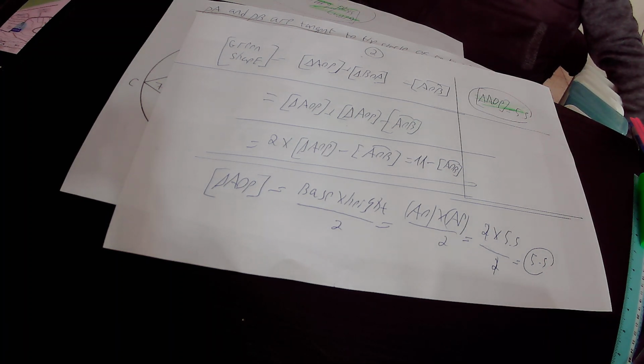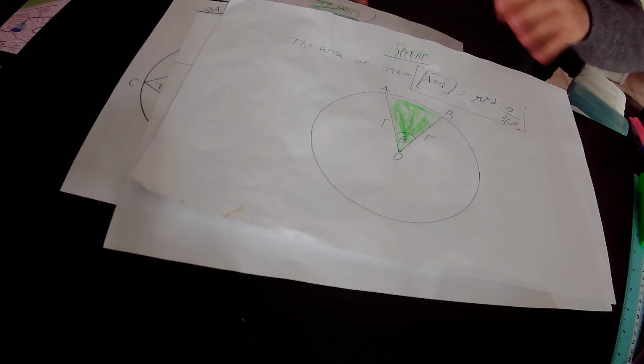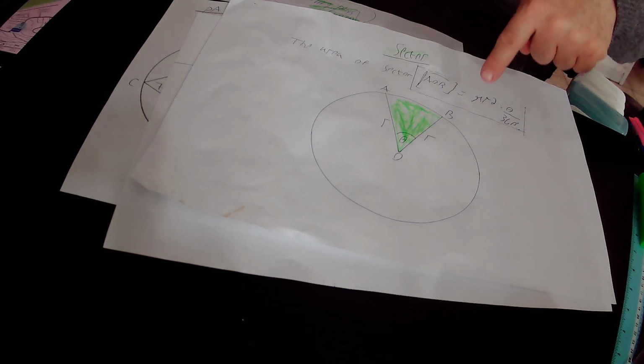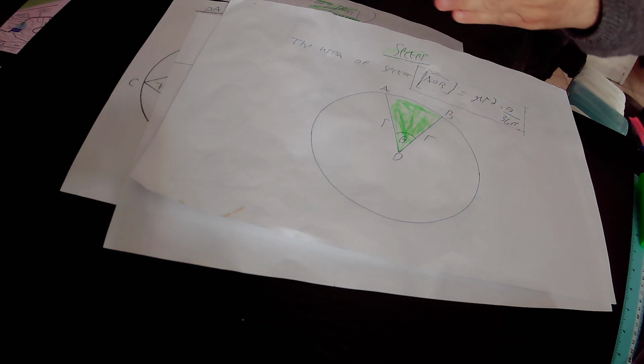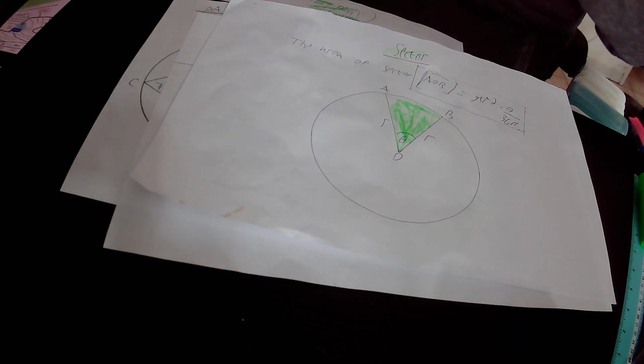Then I presented to you the concept of sector. What is a sector? A sector is a part, a portion, of a circle. So this is a circle, and the shape AOB that is part of this circle is a sector, sector AOB. Sector AOB consists of two radii.